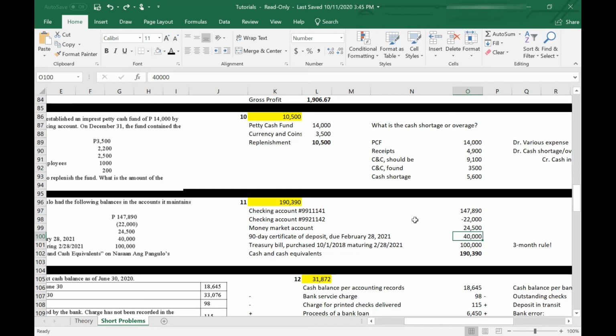So for these purposes, we don't include that item in cash and cash equivalents. So the answer here is just 147,890 minus 22,000 plus 24,500 plus 40,000. And then the answer would be 190,390.